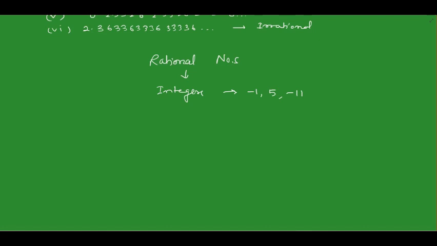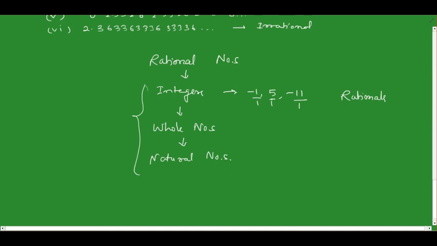These can all be written with 1 underneath, and definitely these are rationals. So all the integers are rational, all the whole numbers are rational, all the natural numbers are rational numbers. All the numbers lying in these number systems are rational numbers.